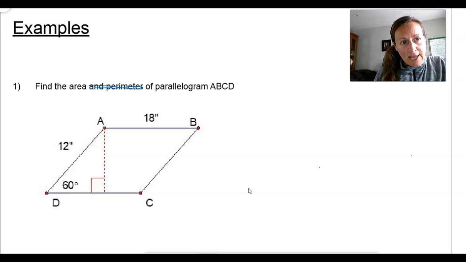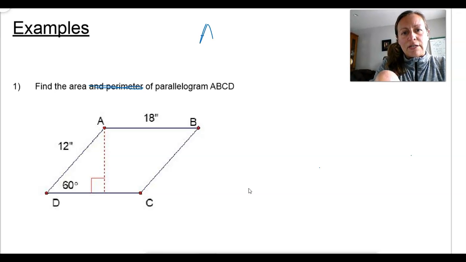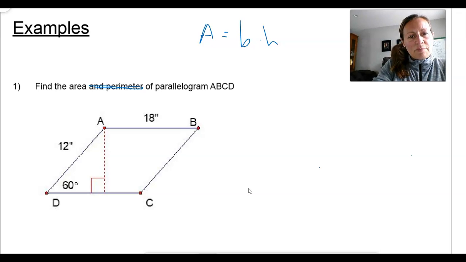But what makes this a high school geometry problem is that finding the area of this parallelogram is not quite as straightforward, because we haven't just been given the two parts that we need, base and height. The area formula is area equals base times height. If we had been given the base, well, we could call this the base, right?